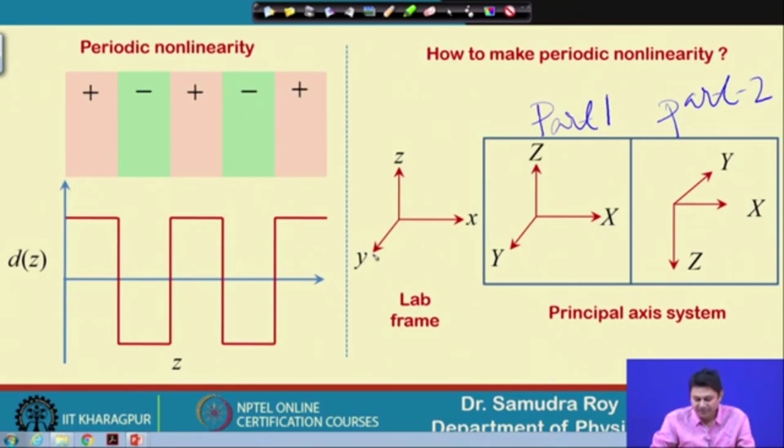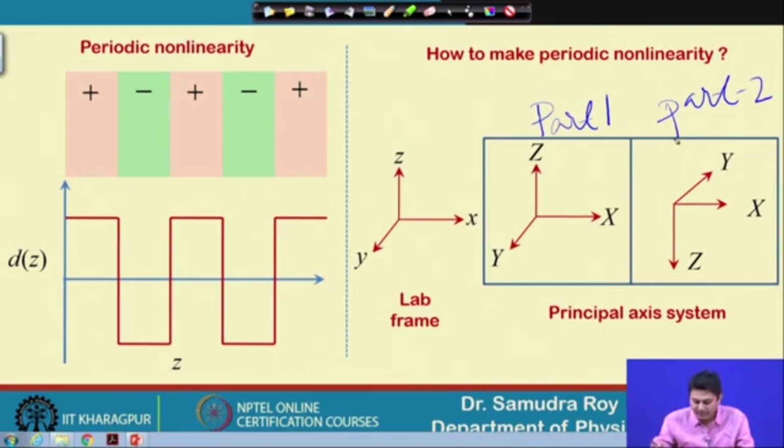So, we have a D matrix for this particular system or this particular orientation. Now, in part 2, we will make a rotation of, say, theta equal to pi. That means this Z will go down, and since this is a right handed coordinate system, it is a left handed coordinate system.